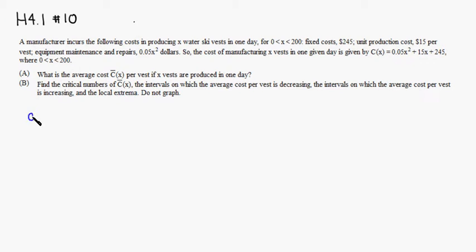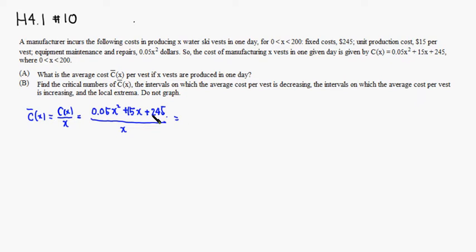The average cost function is simply cost divided by x. Because we're looking at the average, the cost function is 0.05x² plus 15x plus 245, divided by x.